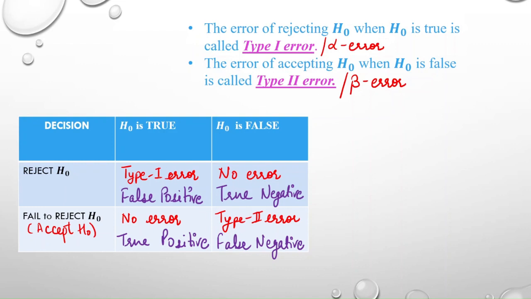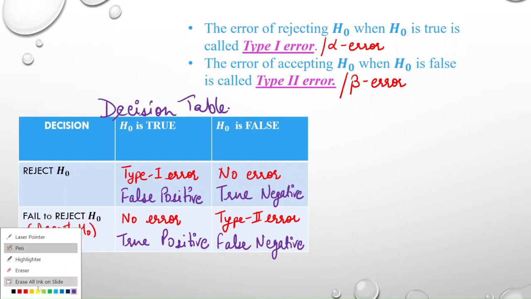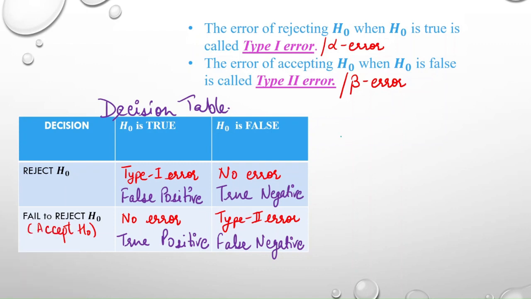So this is how we can form this table, and this is actually the decision table for the hypothesis testing. This is the decision table that will help us for the hypothesis testing. So we could define alpha error and beta error similarly like this.